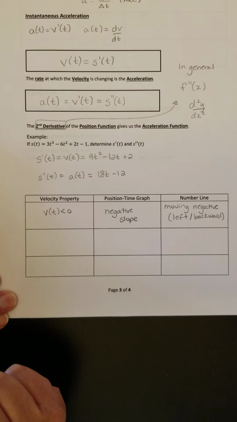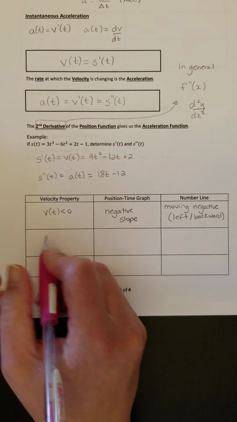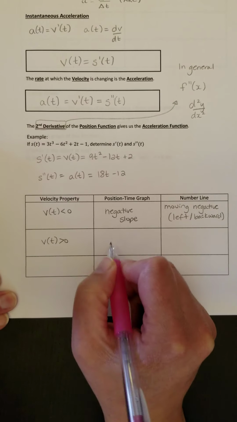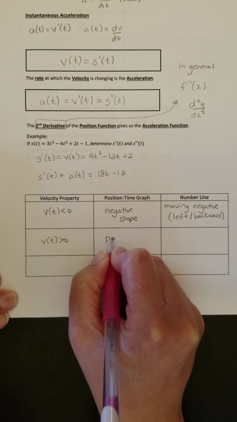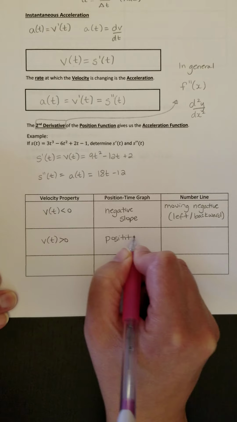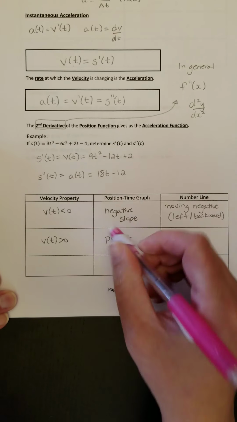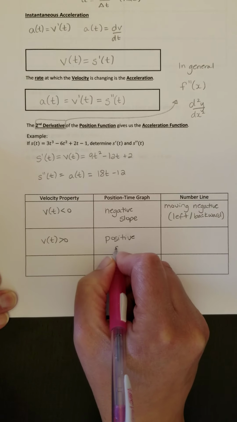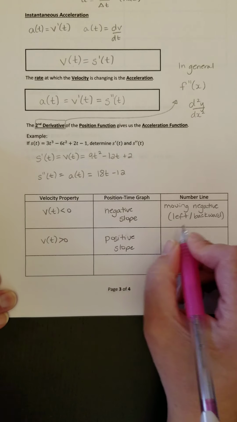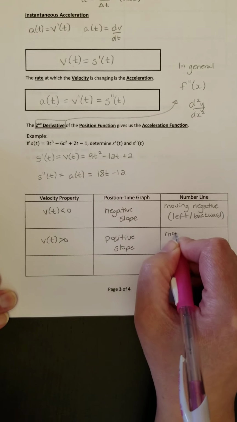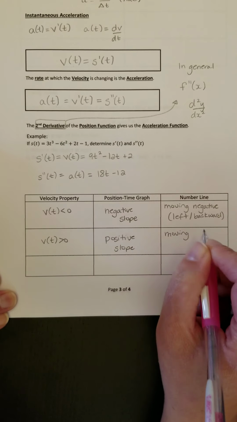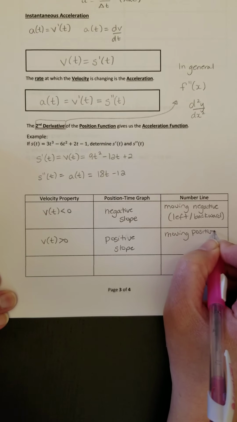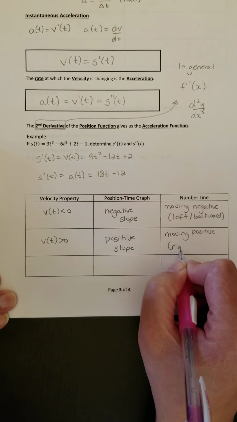And if the velocity is positive, then it would have a positive slope of the position time graph, and it's moving forward or in the positive direction, which is right or up.